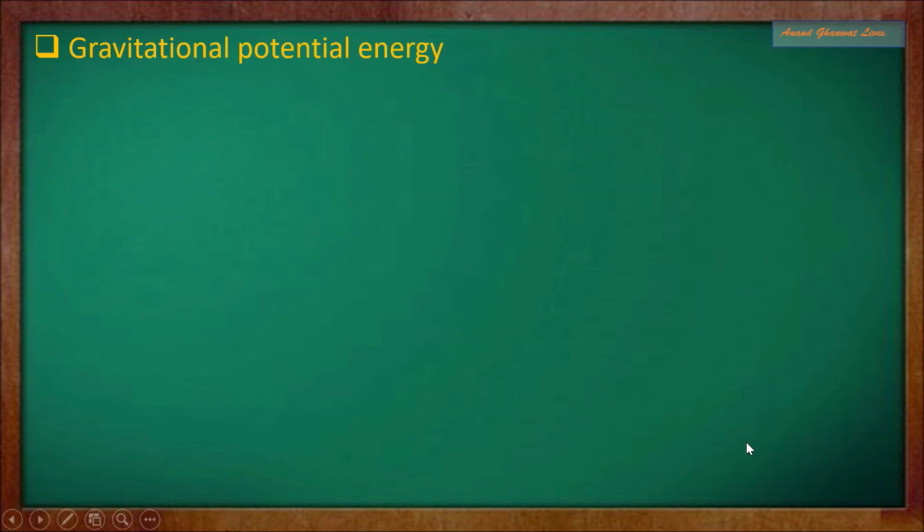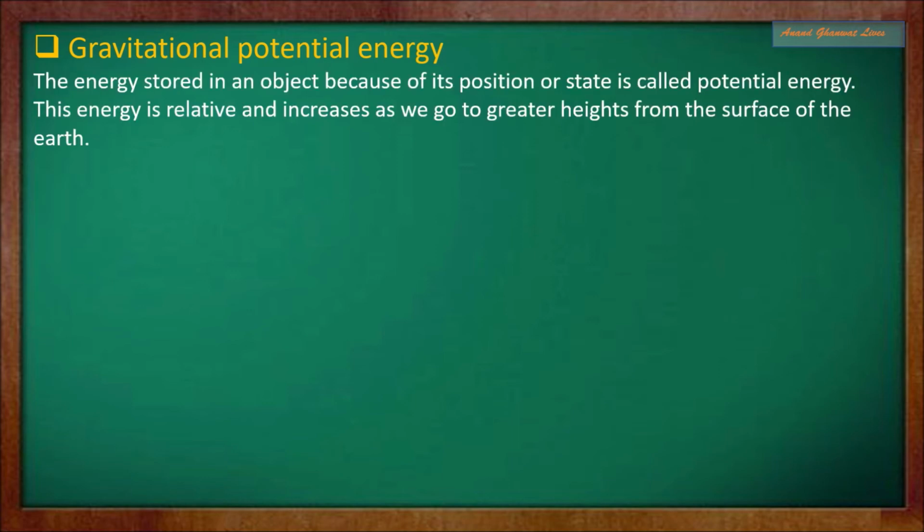Now let us learn gravitational potential energy. Previously we have learned about potential energy. The energy stored in an object because of its position or state is called potential energy. It is a surface of earth and the object is at certain height.